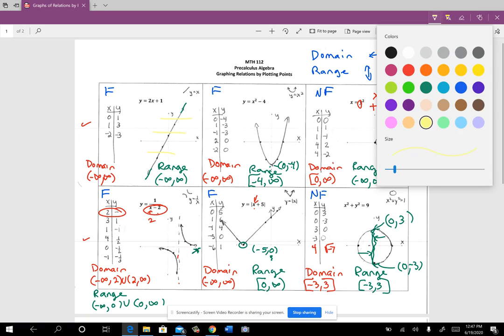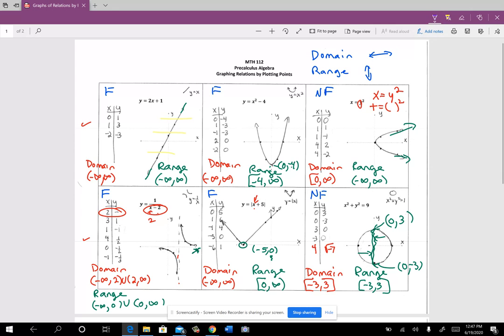I think I need a darker color. Let me get my purple. Okay, so we call it a one-to-one function. So it has an additional property. So it fits the property of a function because it passes the vertical line test. But then these have an additional property that they also pass the horizontal line test.